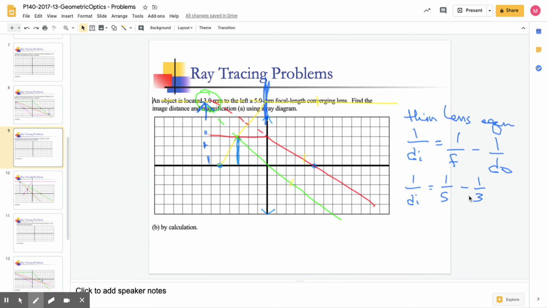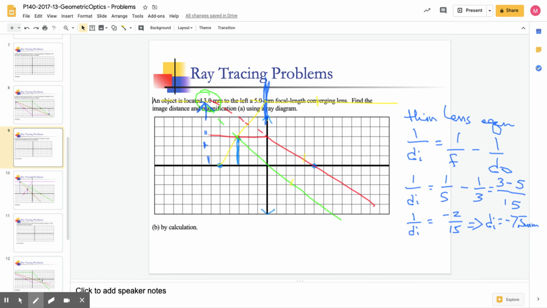Now I need a common denominator, which would be 15. To have 15 here, I multiply by 3, and to have 15 over here, I multiply by 5. So I get 1 over di is equal to negative 2 over 15, which tells me that di is equal to negative 7.5 millimeters.